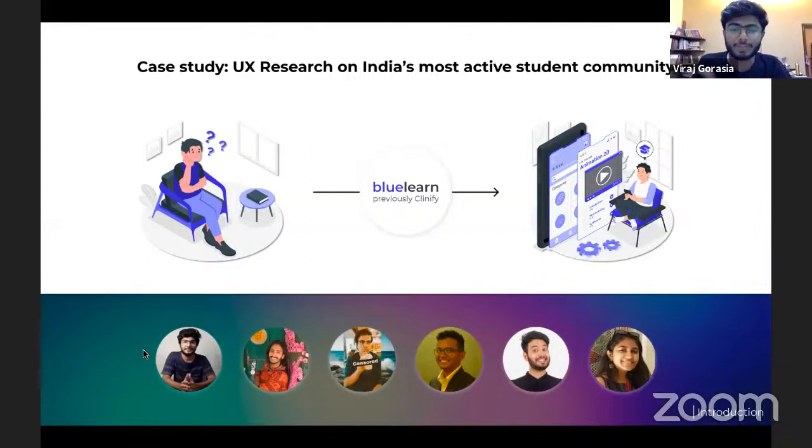It is also known as the most active student community in India. After we published this case study, we got a lot of praise on Twitter, and our article, which we published on Medium, got more than 1,000 claps. Even Harish tweeted about us and appreciated us.